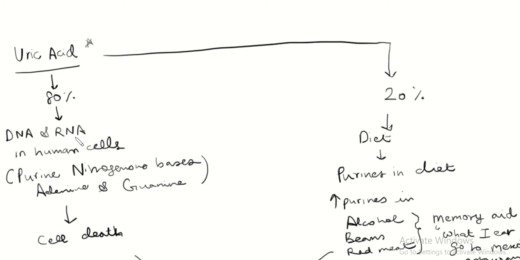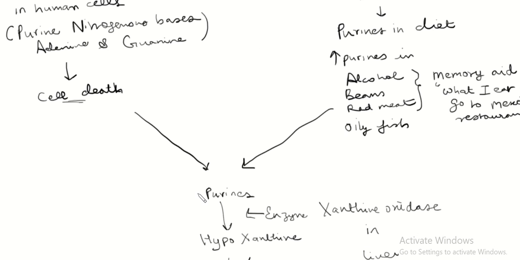So uric acid. The body has uric acid in it. So the question is, how does it come to pass? 80% of uric acid is because of cells dying. When they die, the DNA and RNA in the human cells, which contain purine, disintegrates and gives us purines.